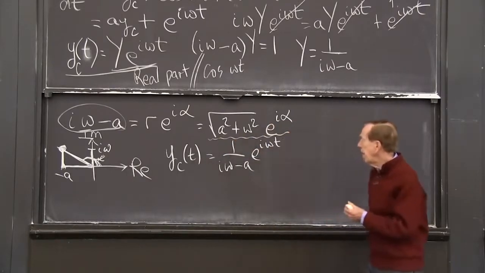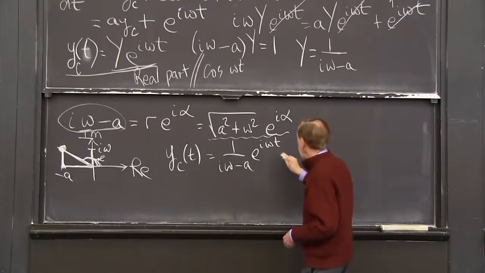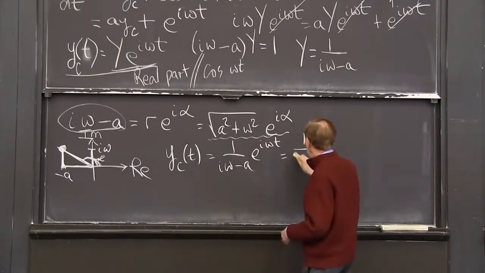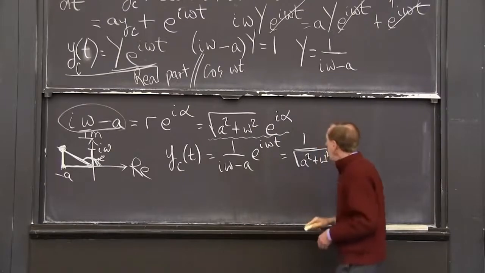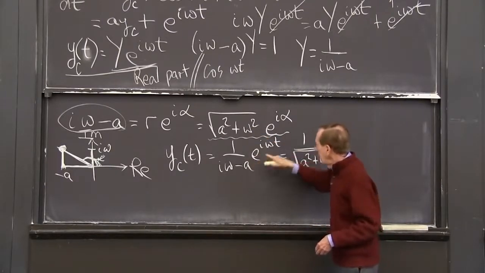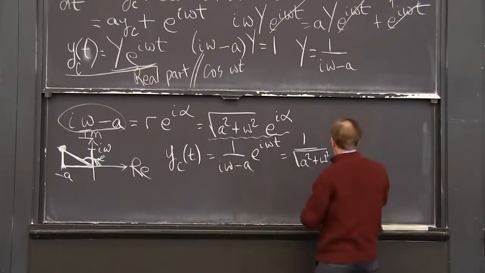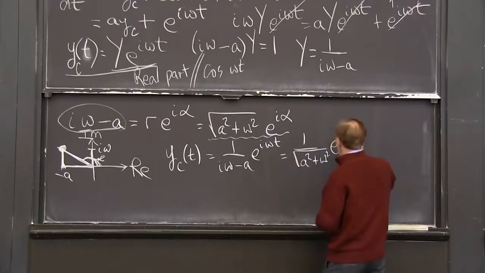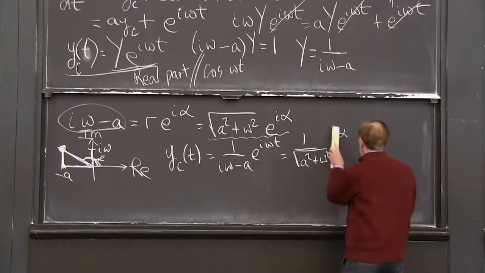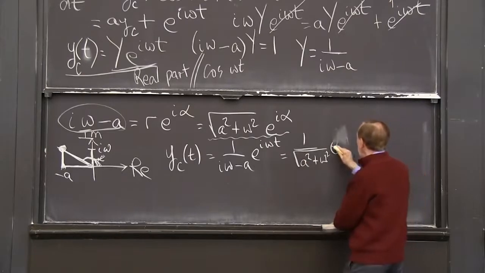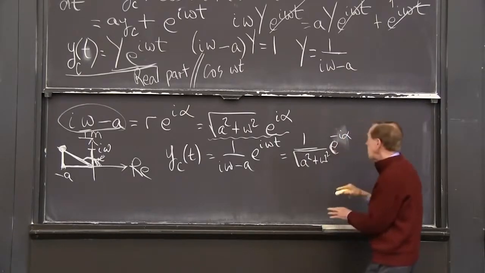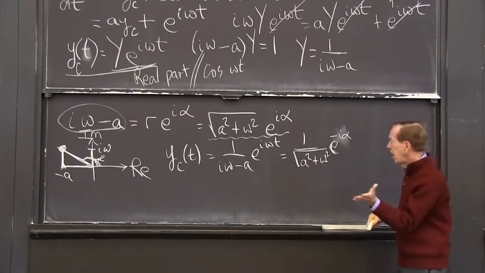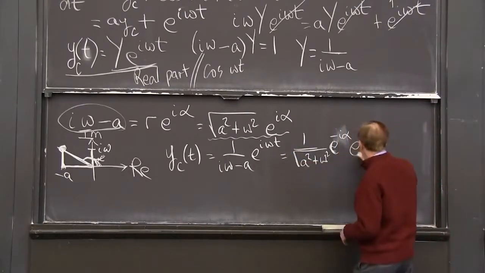I can divide by that. If I divide by that, it'll be 1 over the square root of A squared plus omega squared times e to the i alpha. Oh, e to the minus i alpha. When I divide by an exponential, that exponent changes sign, times e to the i omega t.